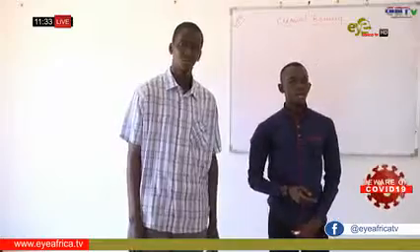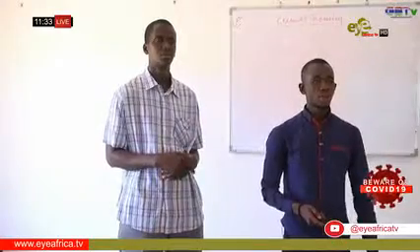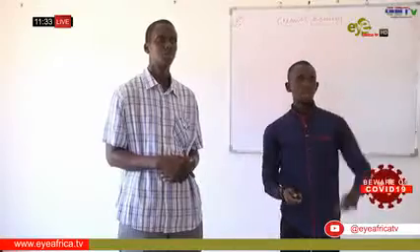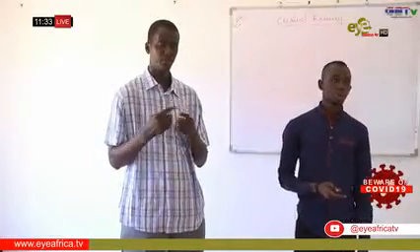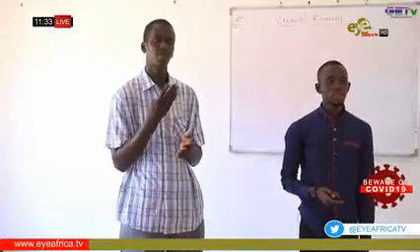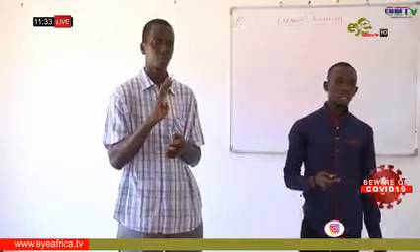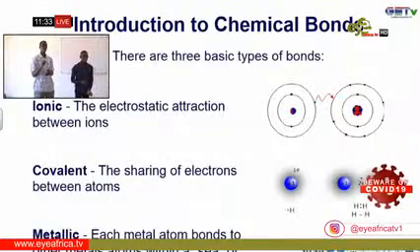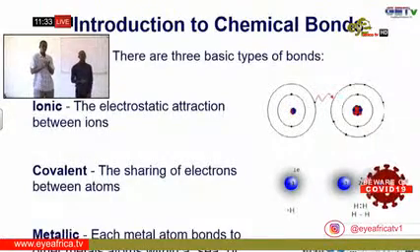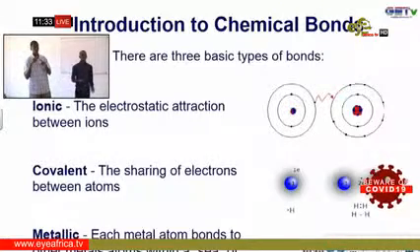Now, we look at ionic bonding, but we still have a review of the types of bonds also. We said we have 3 types of bonds. That is, 1, we have ionic bonds, which is the electrostatic attraction between ions, and also we have covalent, that is the sharing of electrons between atoms.